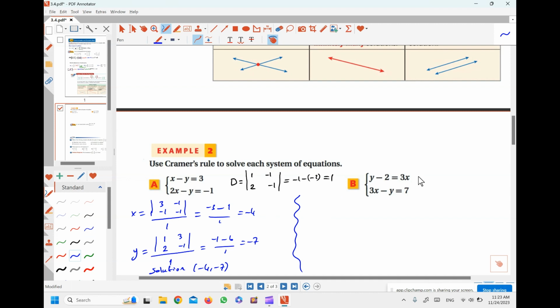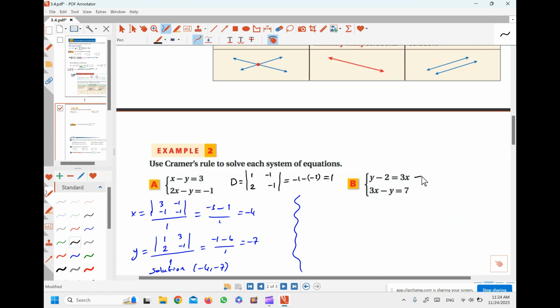Find the determinant of the coefficient matrix first. Write the coefficients. Oh, but there is a problem here. My system is not written in standard form. So first I should write it into standard form. In the second equation, we have x and y on the left, number on the right.